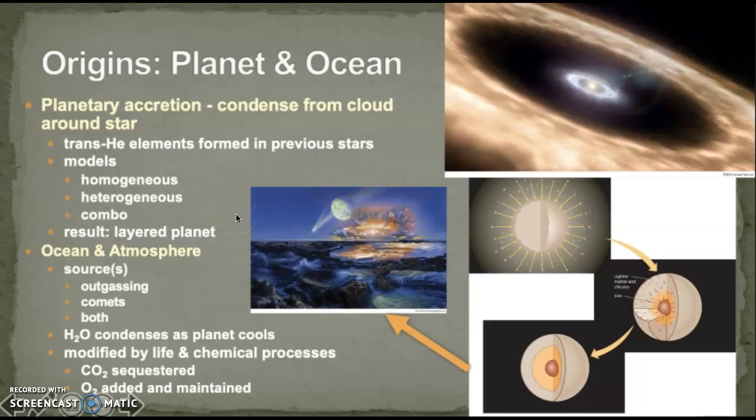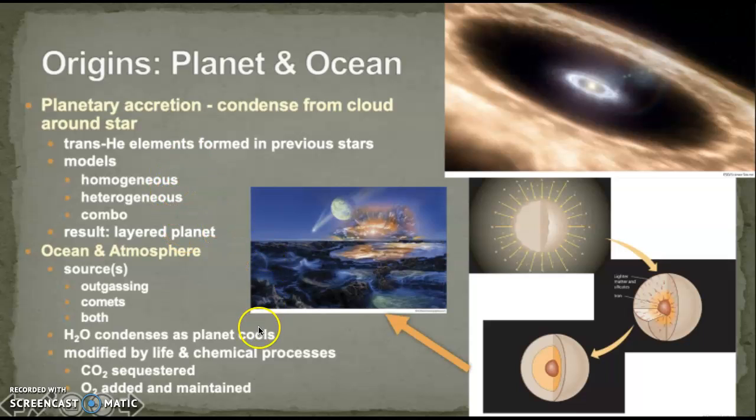So a long time has passed since then. But the heterogeneous model suggests that we're still adding material. Homogeneous model, probably not so much. And so we actually look, are we still adding material from comets? The answer is yes. There is a question as to how much and how significant that is.